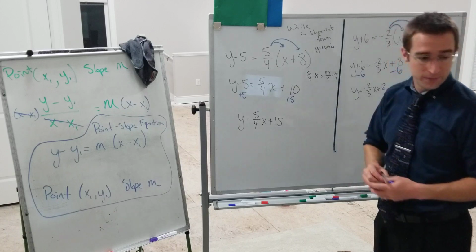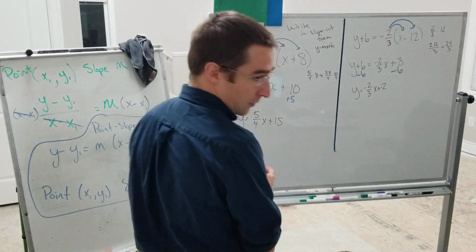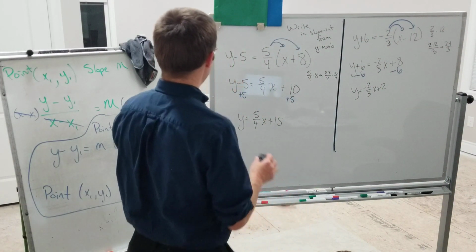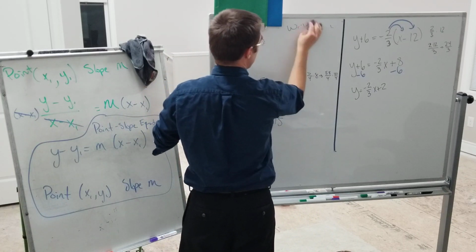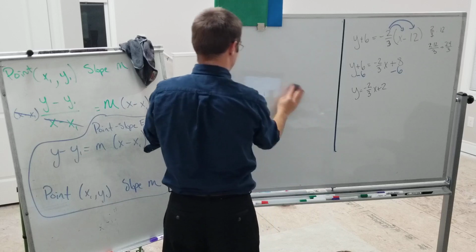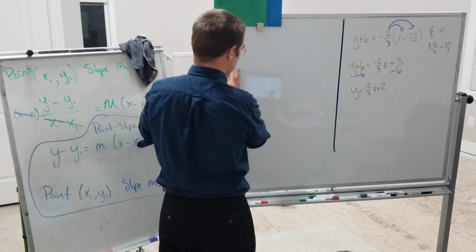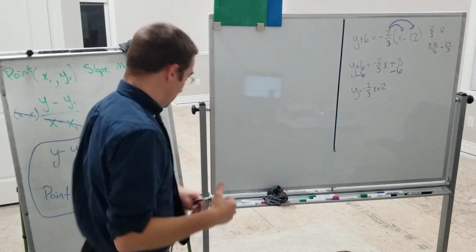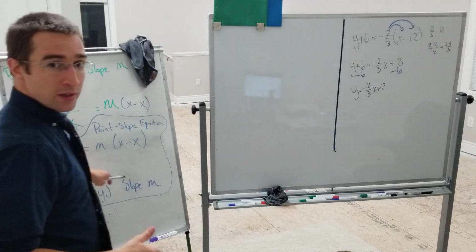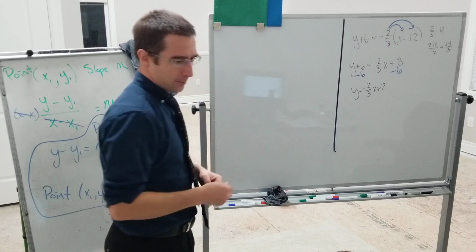All right, cool. So now we're going to be given a pair of points, two points that are on the line, and we're going to write the slope-intercept equation. We're going to use point slope as our avenue to get there.